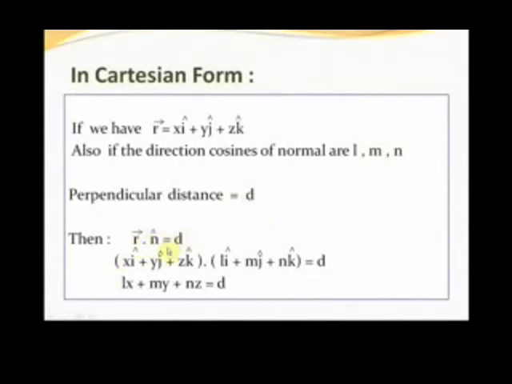We write vector R as x times i cap plus y times j cap plus z times k cap, dot l times i cap plus m times j cap plus n times k cap, which is the vector form of the normal with direction cosines l, m and n, equal to d. So when we take the dot product, we get lx plus my plus nz equal to d. So this is the equation of the plane at a distance of d units from the origin and perpendicular to the given normal in the Cartesian form.